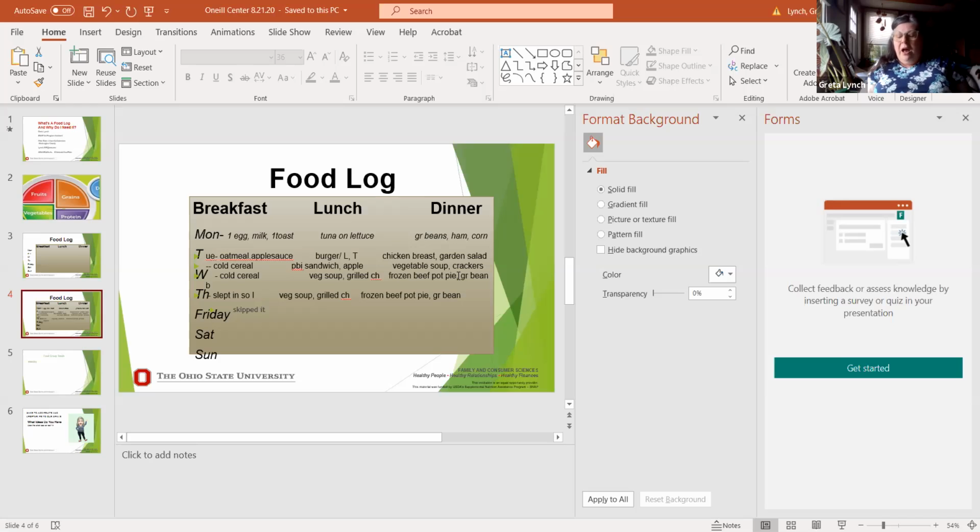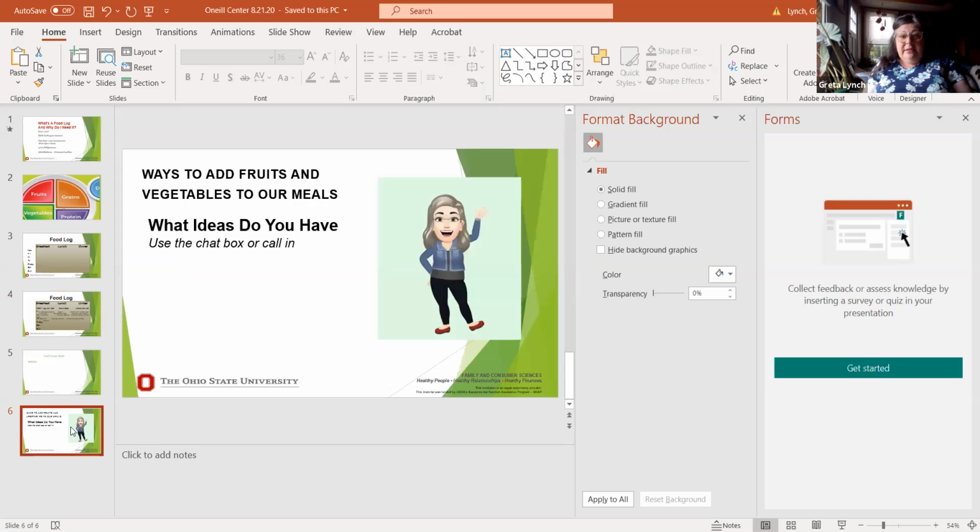So what other questions or comments do you have about the food log? Do we put snacks on there? Everything that you eat, you should put on the food log. That is a very good question. What snacks you eat, and really anything that you eat.